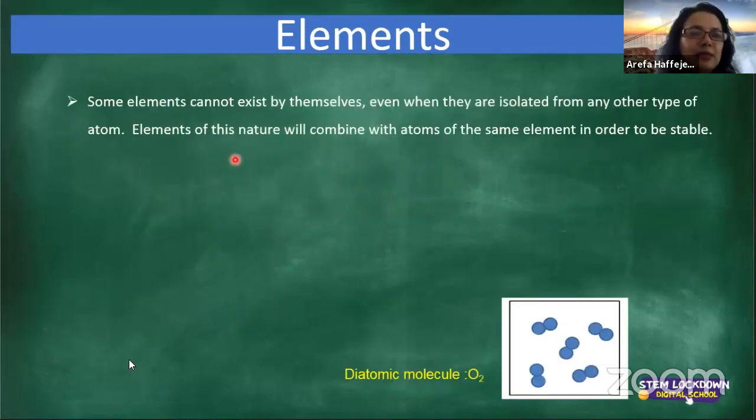So some elements cannot exist by themselves. That means that some elements, like for example, you basically exist within your family.